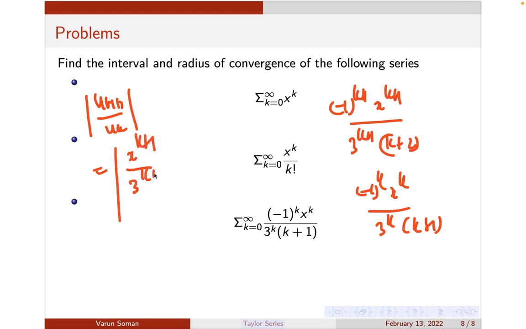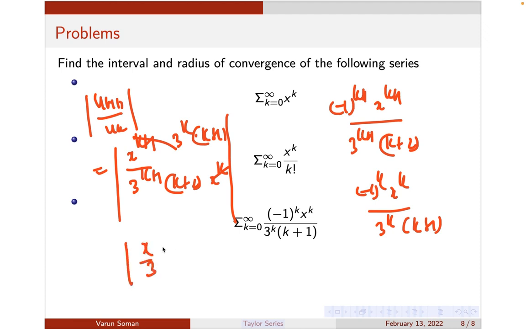Do it with me only, then you will understand. (k+2) into x^k into 3^k into (k+1). Okay, so this is your modulus of u_{k+1} by u_k. You can simplify it if you want. So here it will be modulus of x by 3 into (k+1) by (k+2). Okay, now apply limit k tends to infinity.